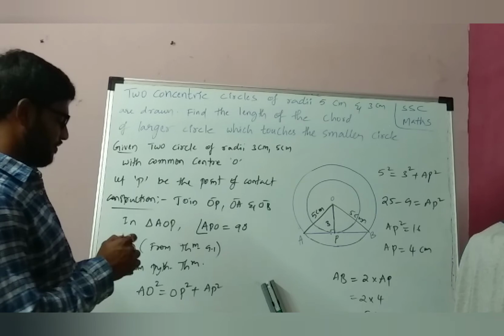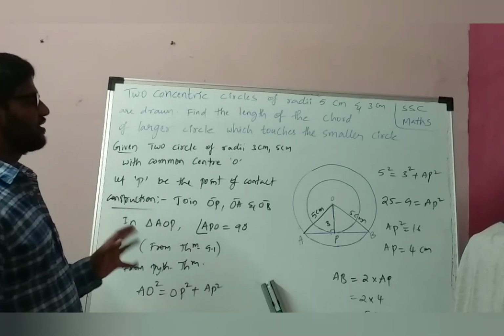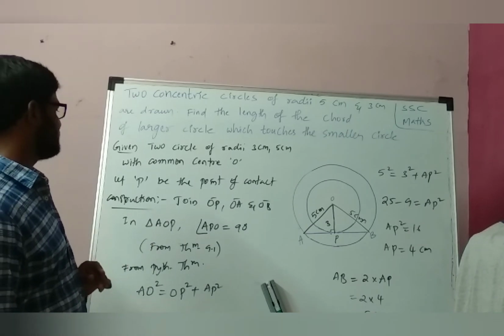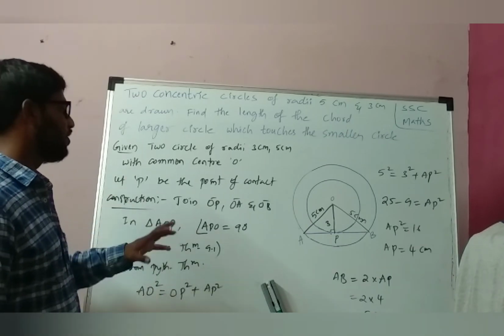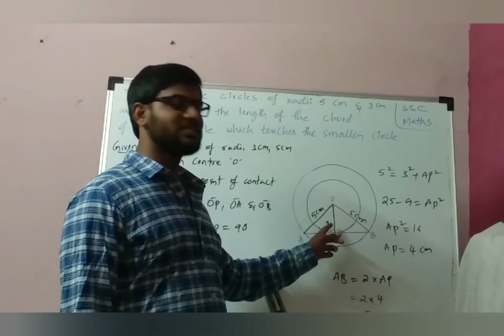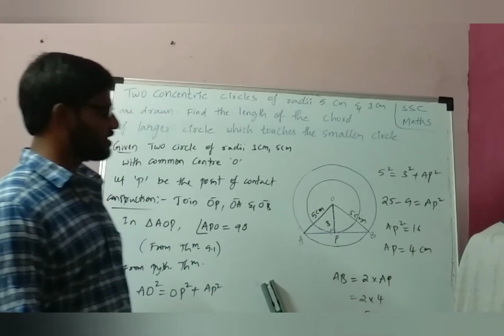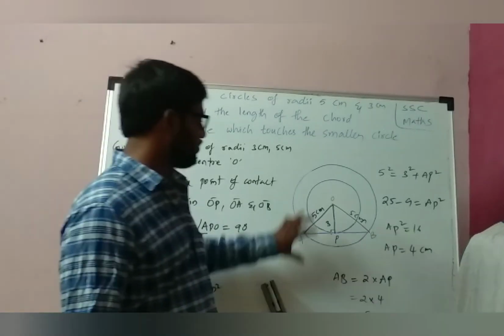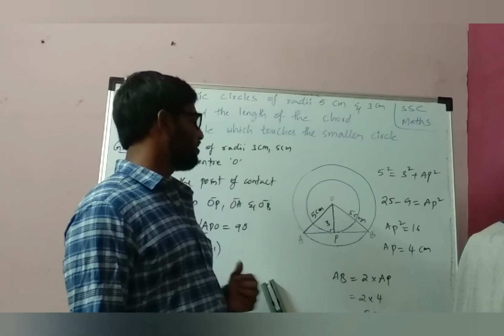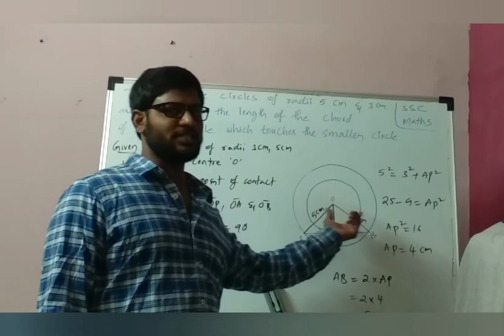Okay. First write the given thing. 2 concentric circles of radius 5 centimeters and 3 centimeters. Next join OP, OA and OB. Next in triangle OAP, this angle is 90 degrees from theorem 9.1. Radius is perpendicular to the tangent. So we have 2 sides of a right angle triangle. Using Pythagoras theorem, find the third side, that is AP. We got AP equal to 4 centimeters.